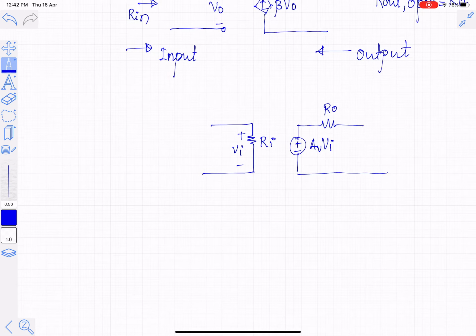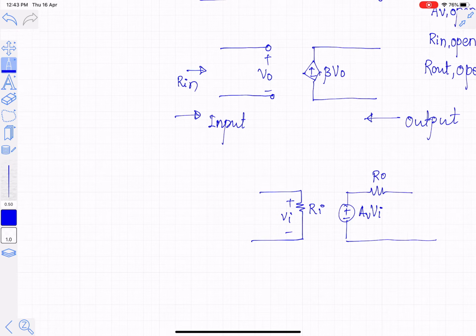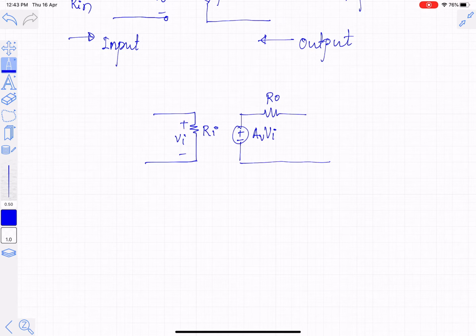The output side of the feed-forward amplifier is connected to the input side of the feedback network. So this is the input side of the feedback network. This is VO, plus minus.